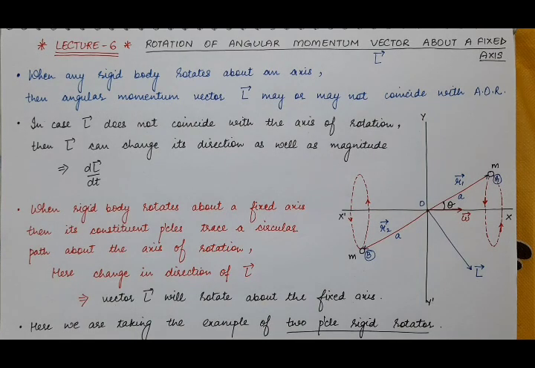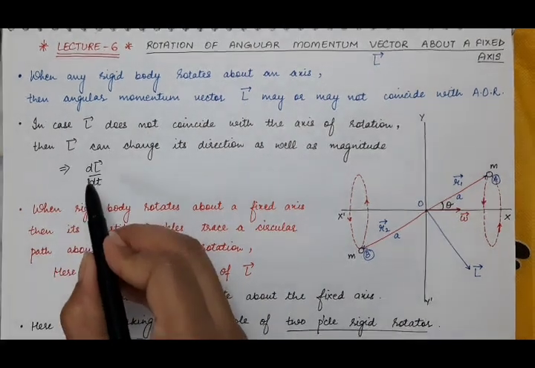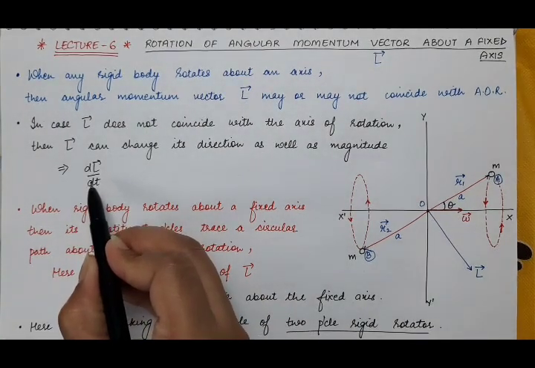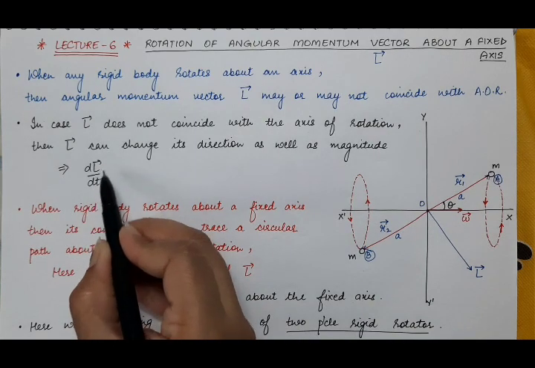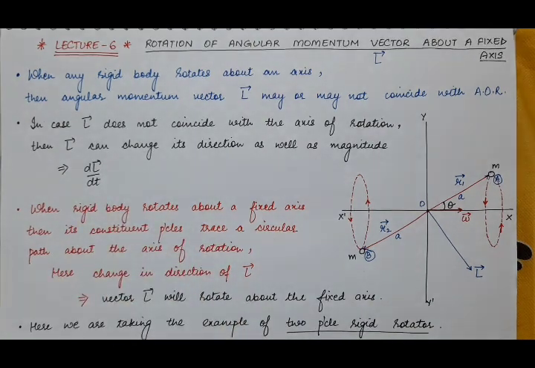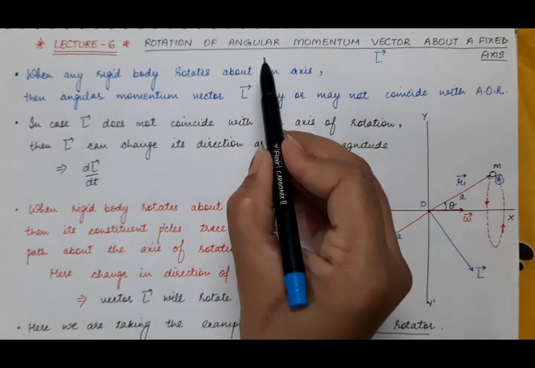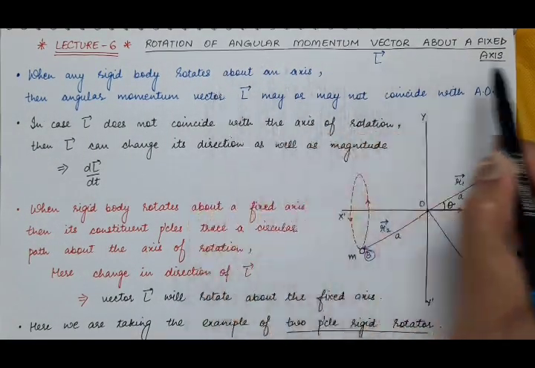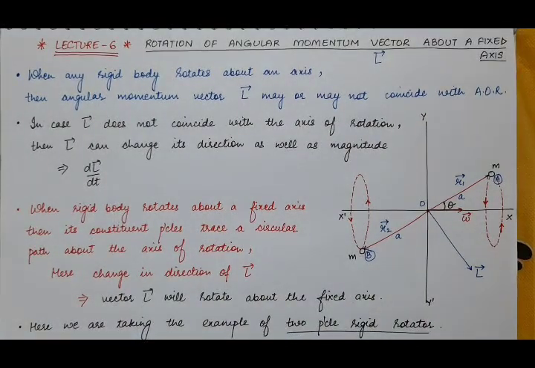And if its direction is changing continuously, it means we will derive the time derivative, or you can say the rate of change, of this angular momentum vector. And one more thing, how this angular momentum vector rotates about a fixed axis.